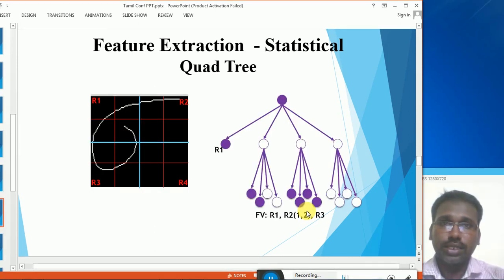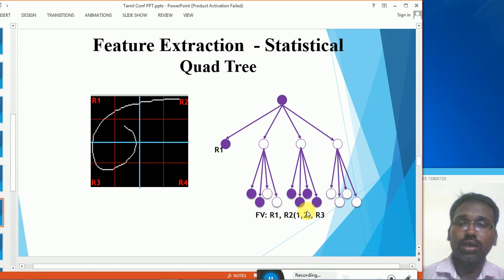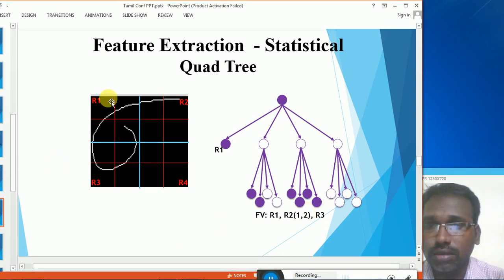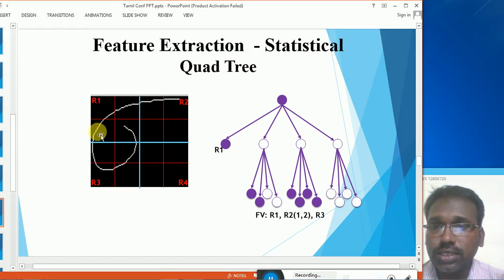Next, the statistical quadtree procedure. Here also we take the pre-extracted character image, and the image is divided into 4 subquads.